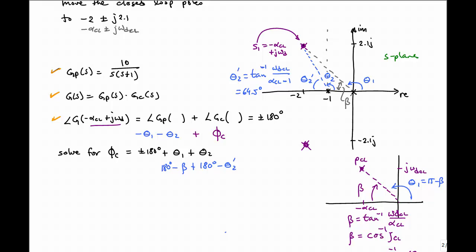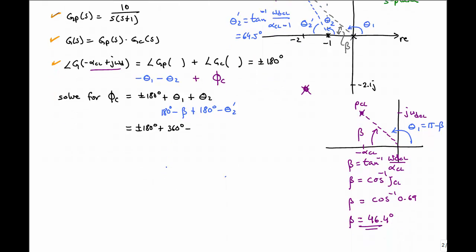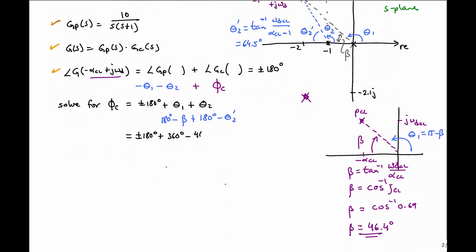64.5 degrees. So now we can write that we need plus or minus 180 plus, really we have 360 here, minus, we said beta was 46.4 degrees, and then we subtract 64.5 degrees.